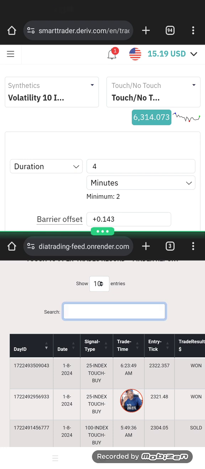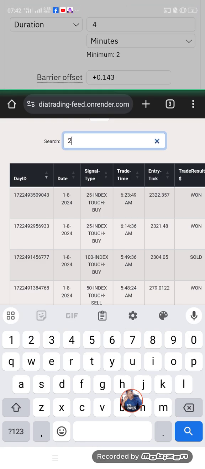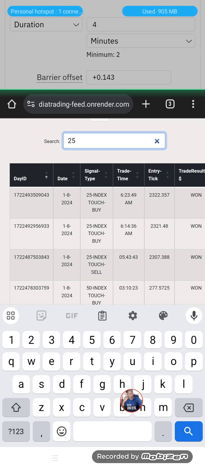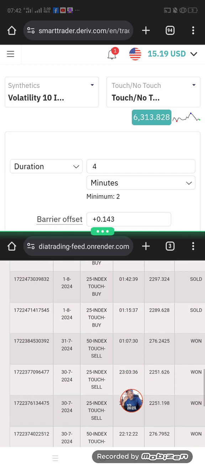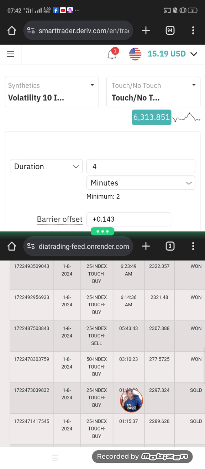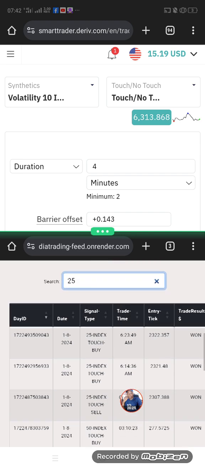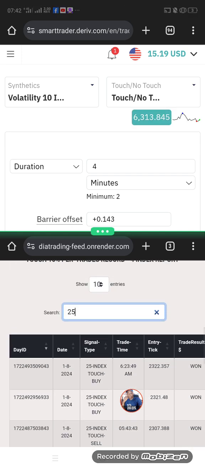If, for instance, I want to check for 25 index, you can see all 25 index appears. Only 25 index. You can see 1 sold. Then you can check for 10.